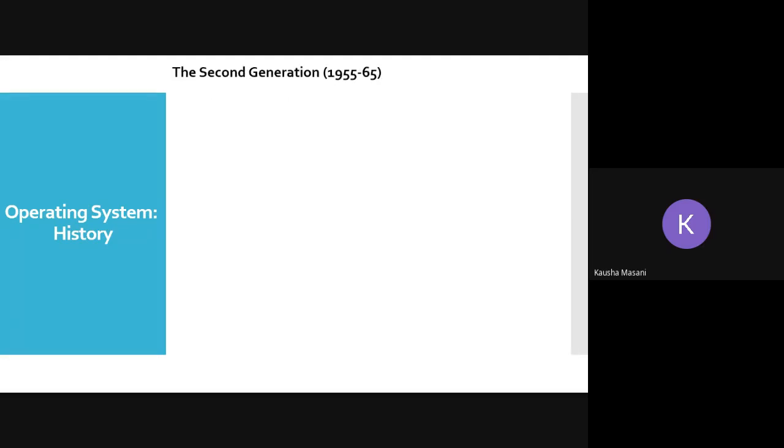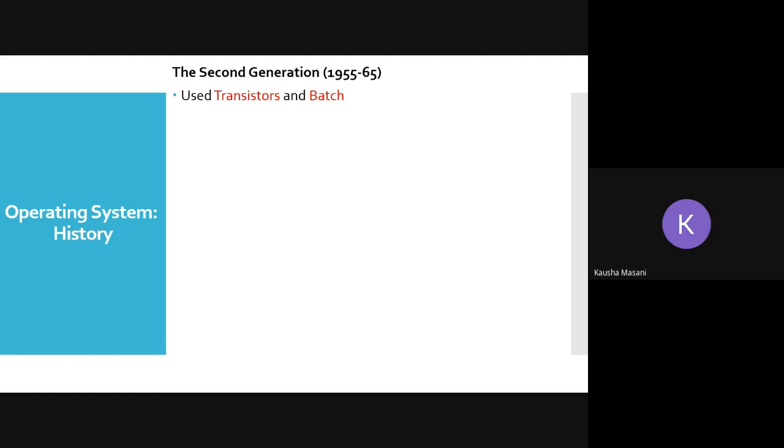Now you can classify them into the second generation, between 1955 and 1965. Here, as you guys answered, transistors came into the picture at that time, and they started using transistors in these machines. So vacuum tubes and plug boards got replaced with transistors and the batch system.